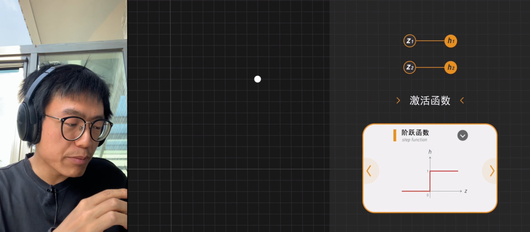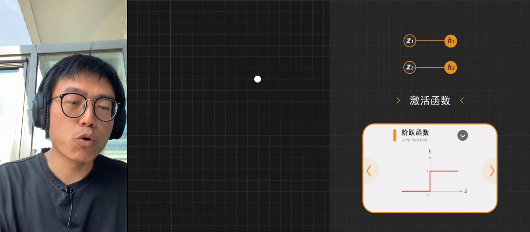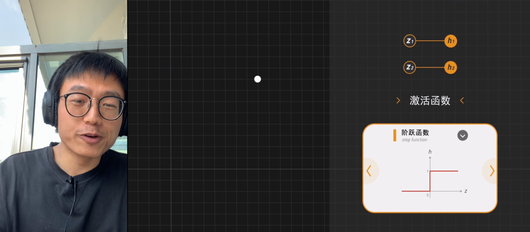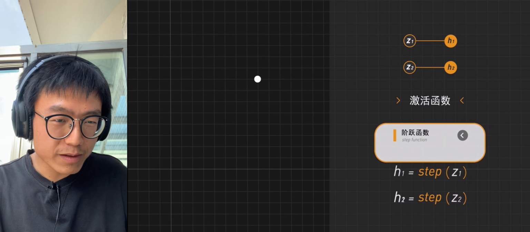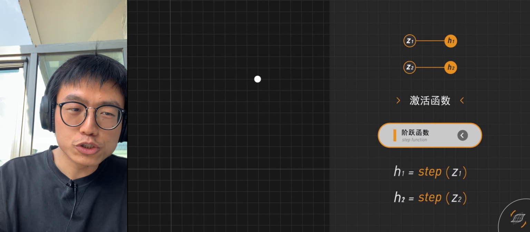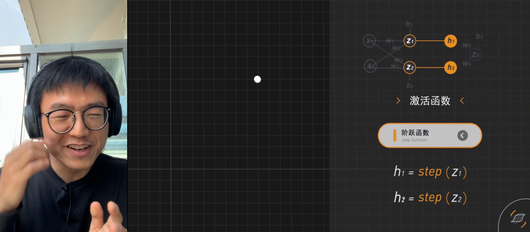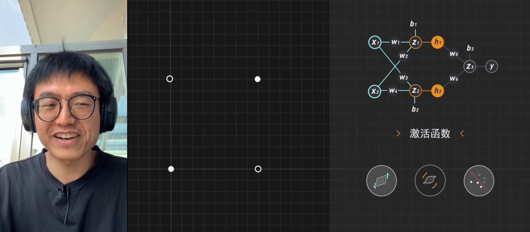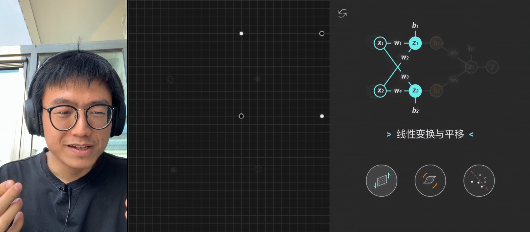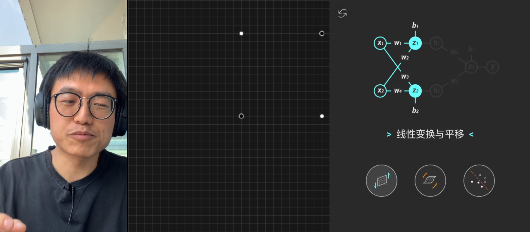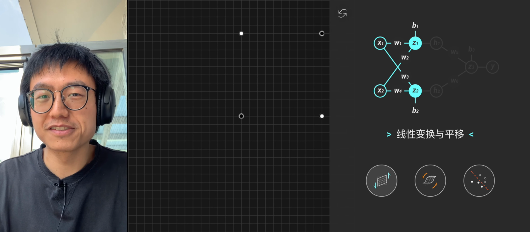If we add a step function here, the coordinate system doesn't seem to exist. Abscissa H1 and ordinate H2 have only 0 and 1 values. Think about it. How do we classify it? Now, let me try to separate these 2 kinds of points with a step function.